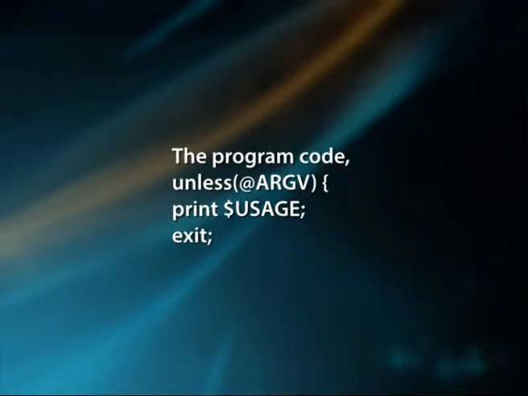The code unless (@ARGV) { print $usage; exit } checks to see if any arguments were typed on the command line. If @ARGV has anything in it, it evaluates to true, and if it is completely empty, it evaluates to false. If @ARGV is empty, the $usage statement is printed and the program exits. Here, the unless condition is used because we want the program to require an argument be given.